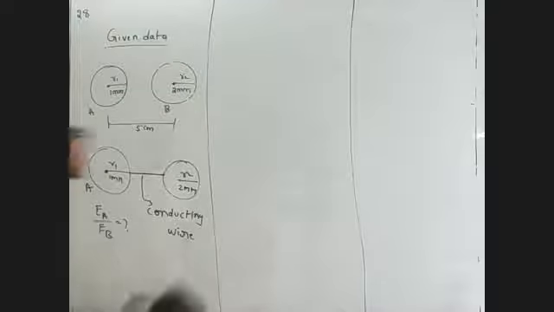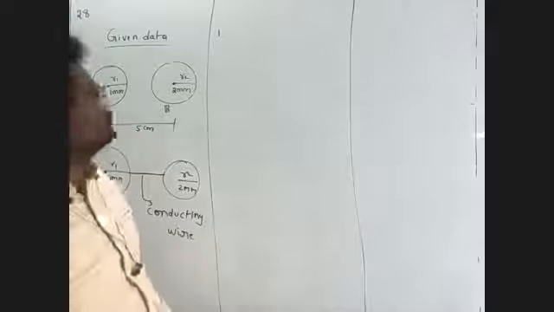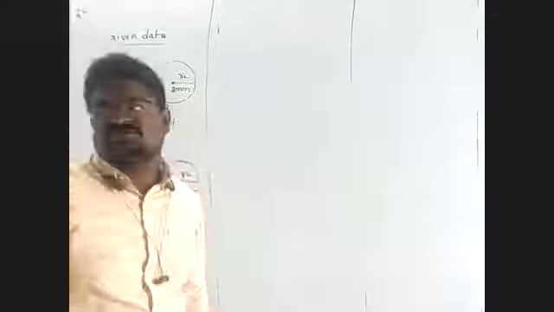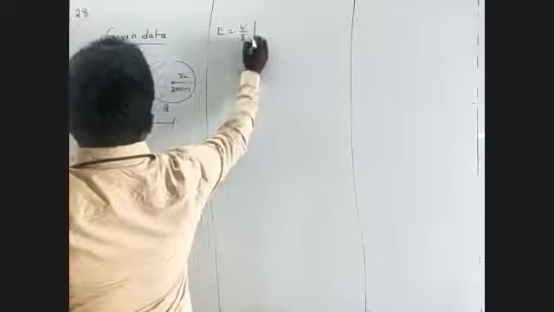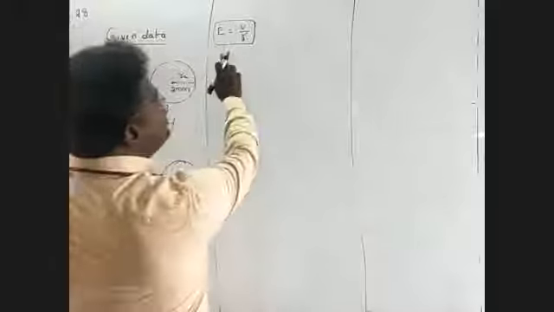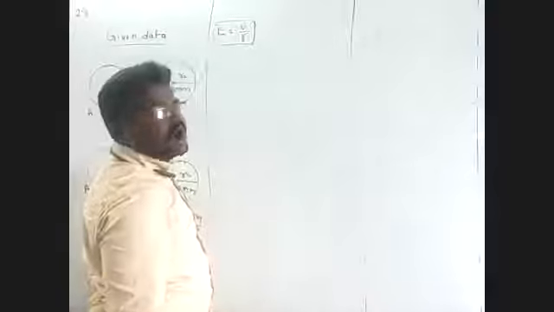The relation between electric field and potential: E is equal to V by R. This is the one relation we have.